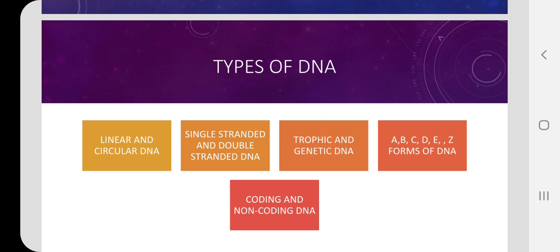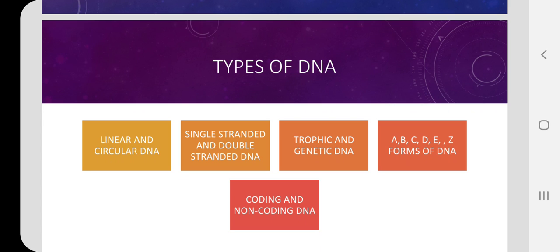Trophic and genetic DNA is also seen in the case of Paramecium. The macronucleus controls vegetative functions, and the micronucleus controls reproductive functions, so the DNA not associated with reproductive function is known as trophic DNA. And coding and non-coding DNA.